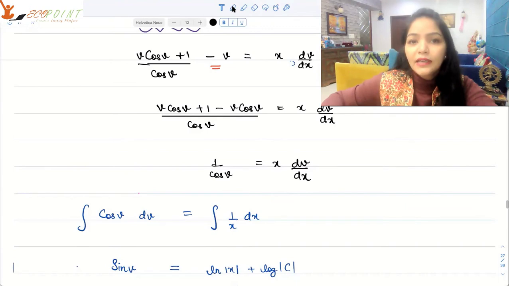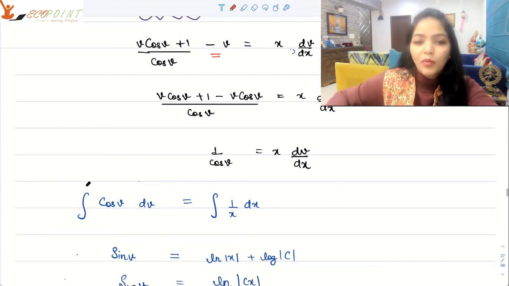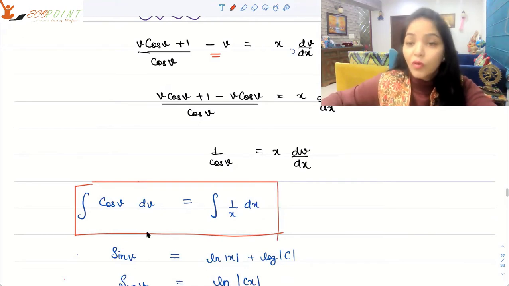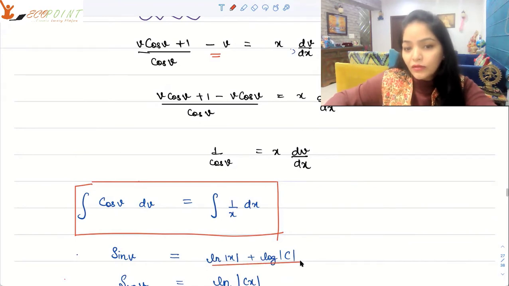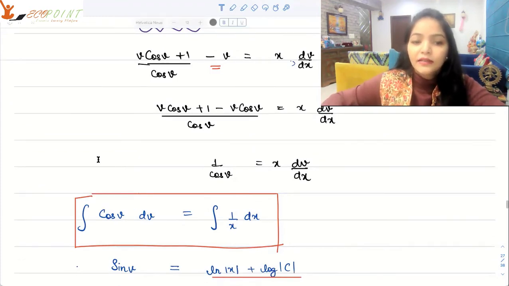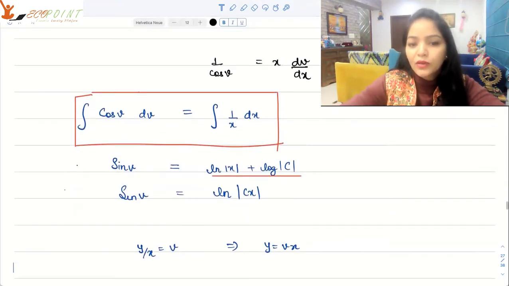So integral of cos v dv is equal to integral of 1/x dx. Integral of cos v is just sin v. So sin v equals log of mod x plus log c, and you can write it as a product: sin v equals log cx.